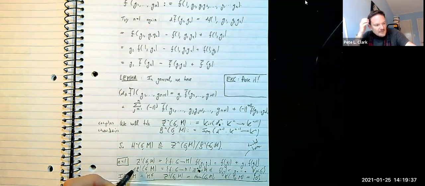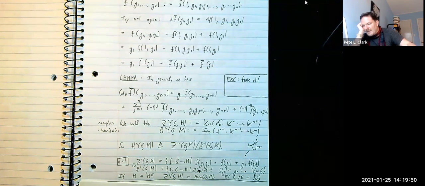And if you've never seen this before, you should certainly check that the co-boundaries are living inside the cocycles, and so in particular that the cocycle condition is satisfied for this. That's almost immediate.